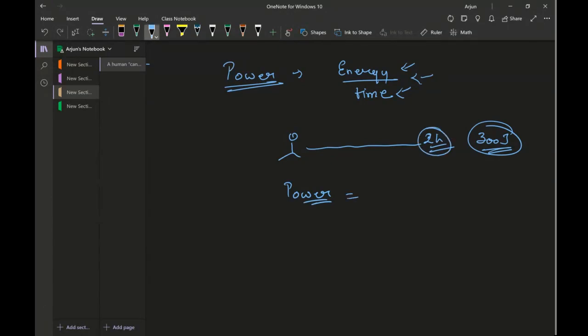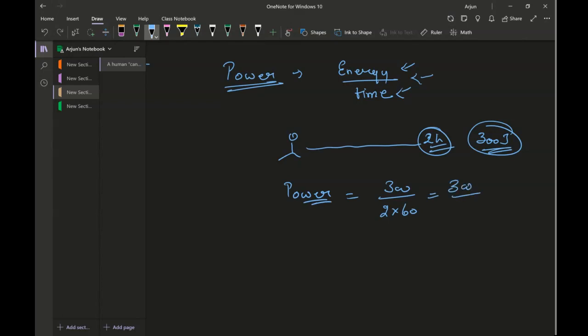So power will be equal to the energy, which is 300. Time has to be in seconds. So 2 hours means 2 times 60, which is 120 minutes.